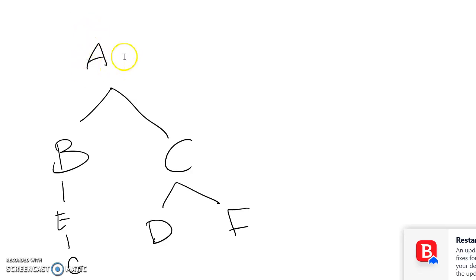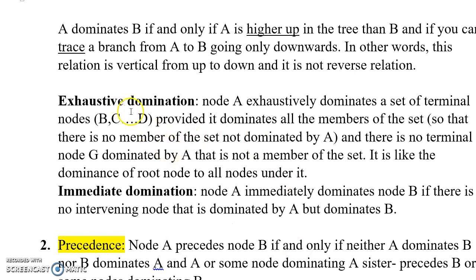So exhaustive means that this mother, node A, exhaustively dominates B, C, its daughters, and the whole of its sons and grandsons. So we can say A exhaustively dominates B, E, G, C, D, and F. In other words, it dominates all the nodes below it. This is the meaning of exhaustive domination.